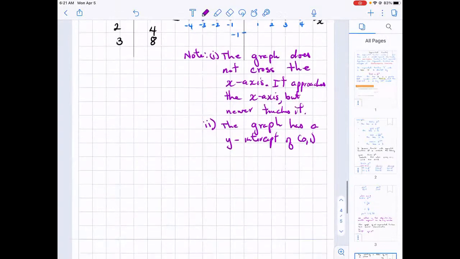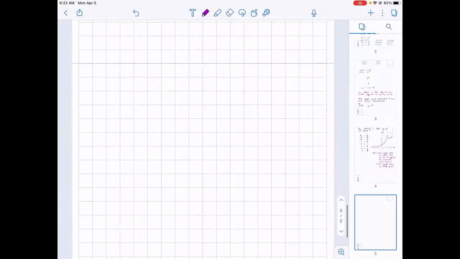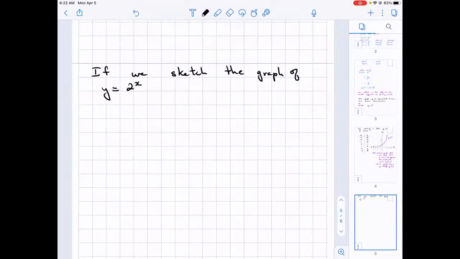Now, if we sketch various graphs of, let's say, y equals 2 to the x, y equals 3 to the x, and y equals 4 to the x, you will notice that they all have a key point in common.